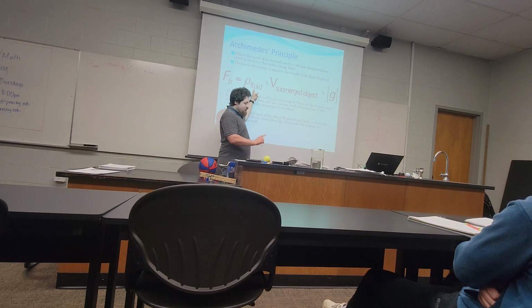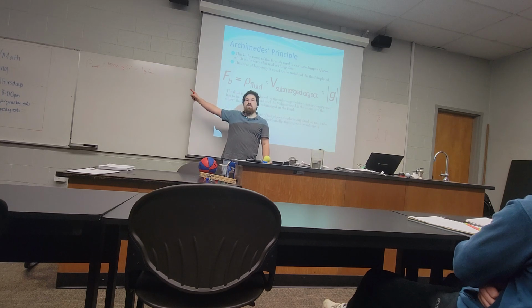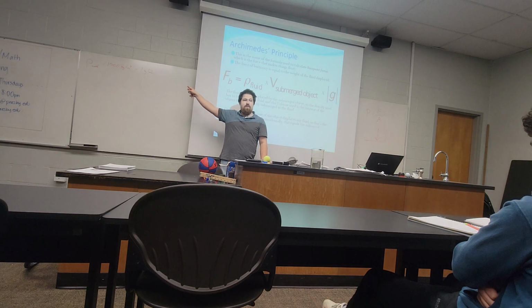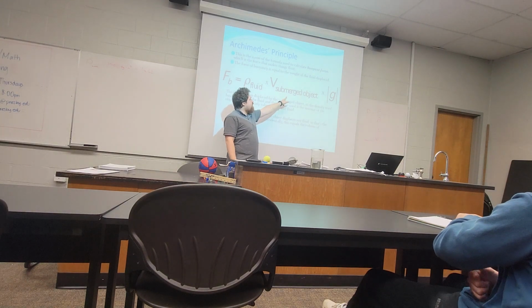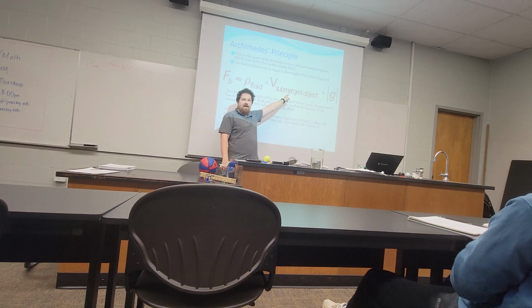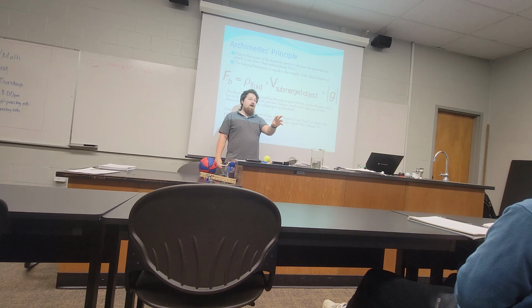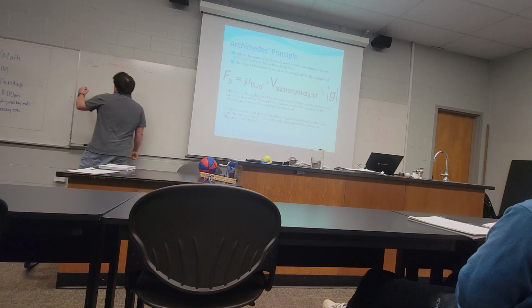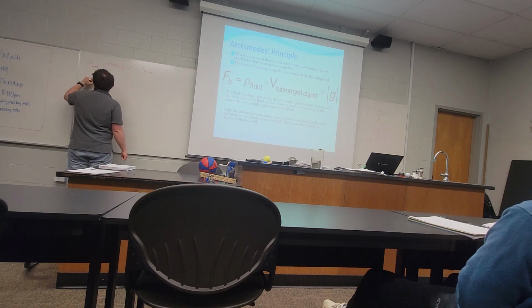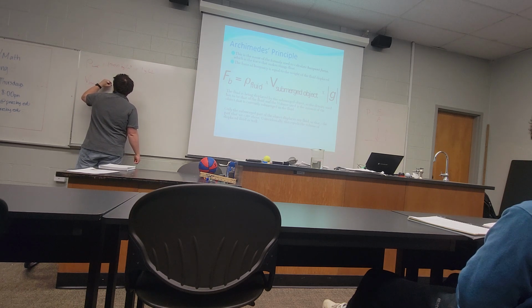So we need the density of water, which we usually consider a constant. I'd make sure you have that number if you ever need it. I'd write it in the question. We need to know the volume of the submerged object. So that is, again, the volume of the piece of iron, which is about 100 milliliters.